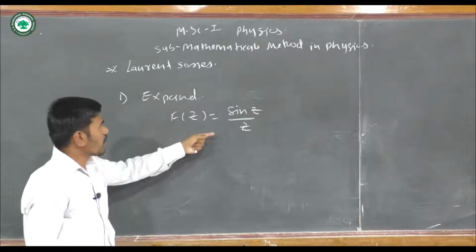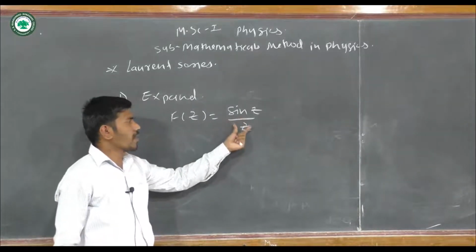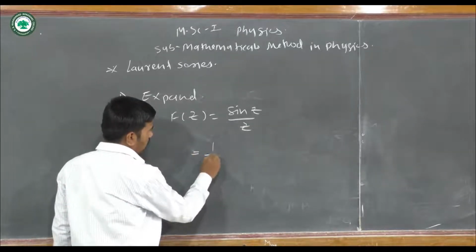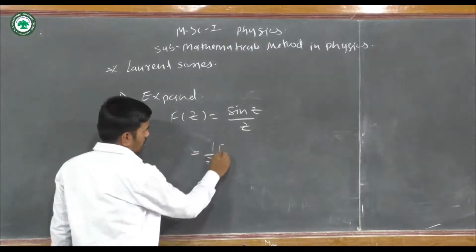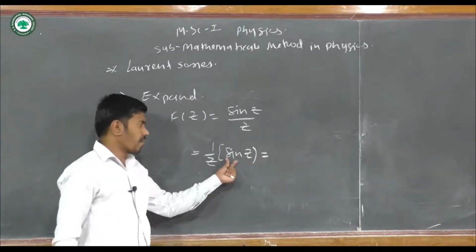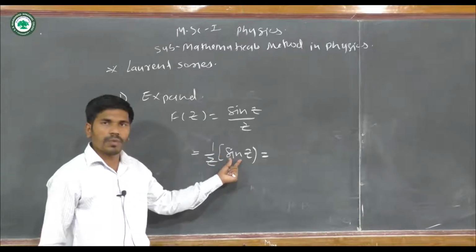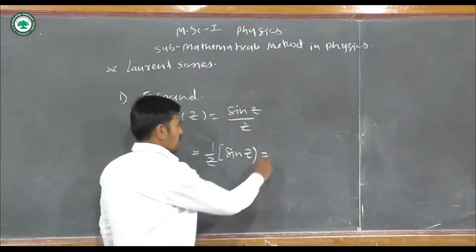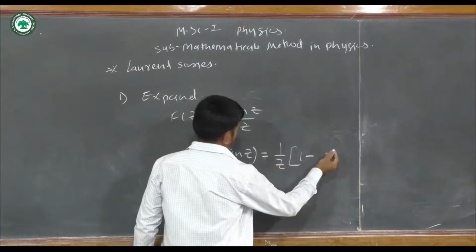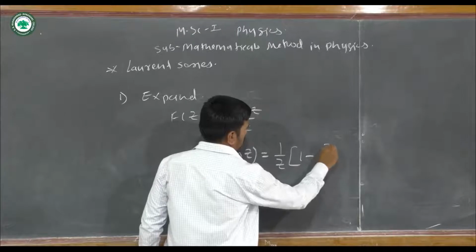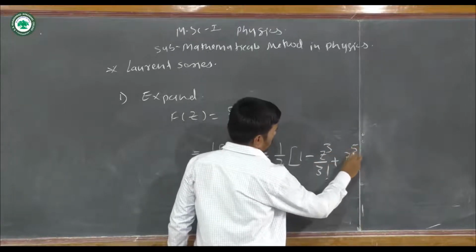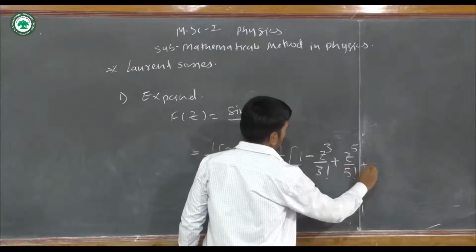Here we can expand sin z as z minus z cube by 3 factorial plus z power 5 by 5 factorial and so on.